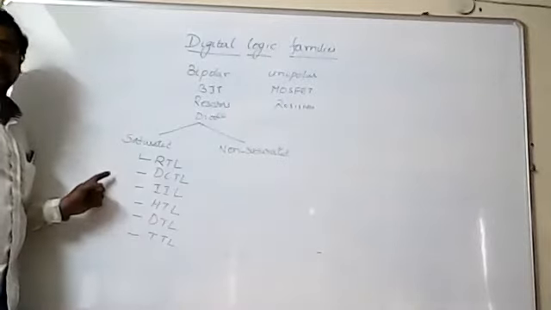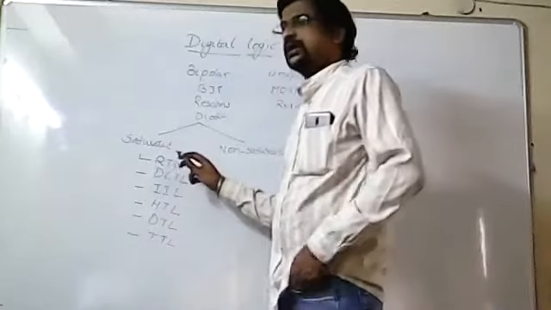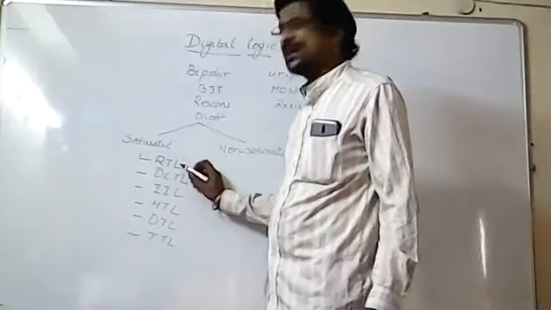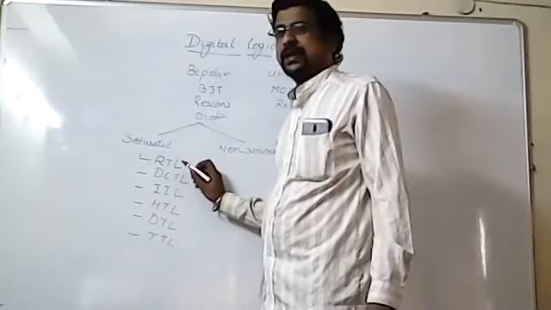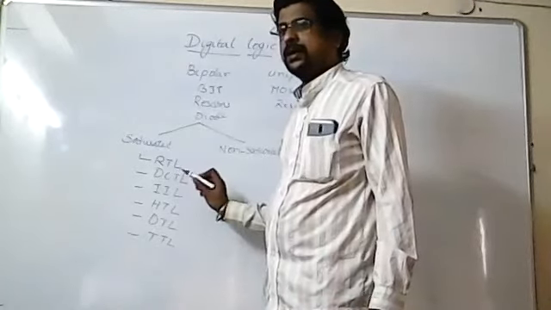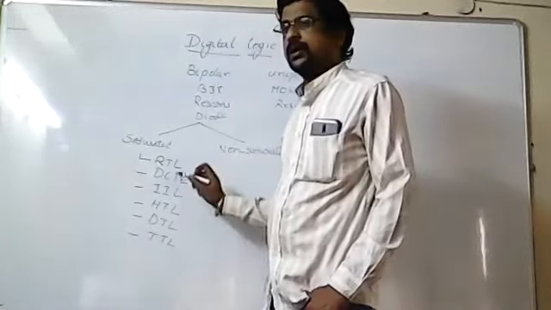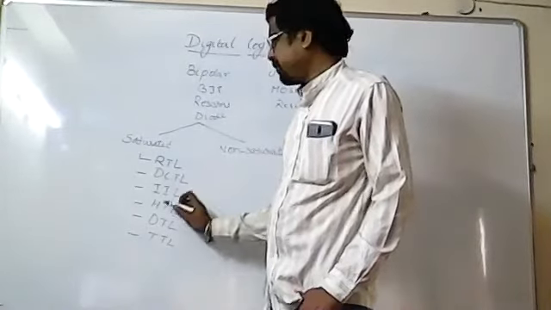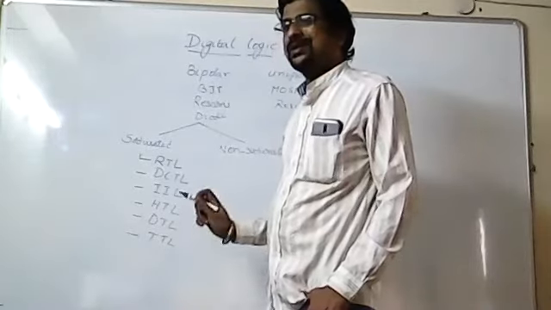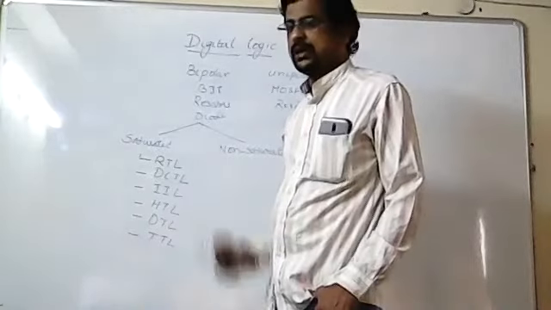These are the different logics designed using the saturated mode, that means the transistor is driven into the saturation region. RTL stands for resistor transistor logic, then DCTL, direct coupled transistor logic, then IIL or I square L, integrated injection logic, then HTL, high threshold logic, DTL, diode transistor logic, then TTL, which is called transistor transistor logic.